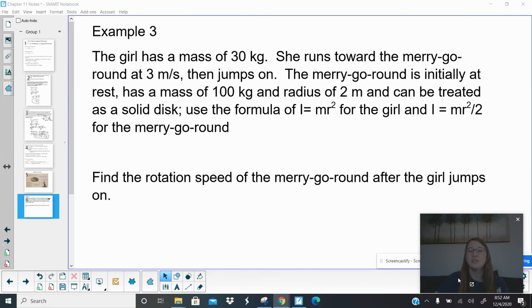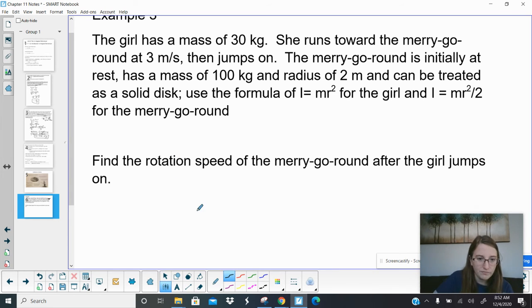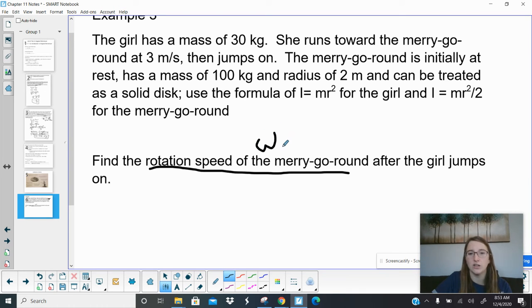So once again, we know this is conservation of momentum because we have a before speed and an after speed and basically a collision. So we're going to need to know a lot of information here. Let's start with our end goal. Again, we're trying to find the final speed of the merry-go-round. So rotation speed, so they mean angular speed.